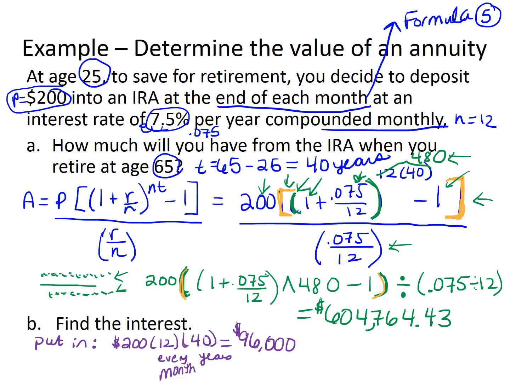All right. So now we want to figure out the interest, right? We figure out the difference between how much we put in and how much we had at the end. 604,764.43 minus 96,000. Always the difference between those two things.